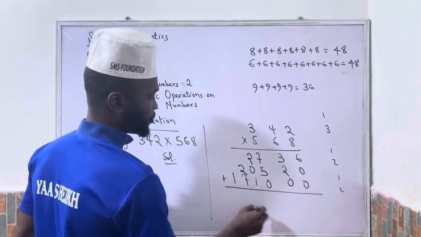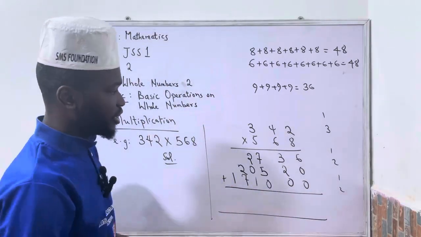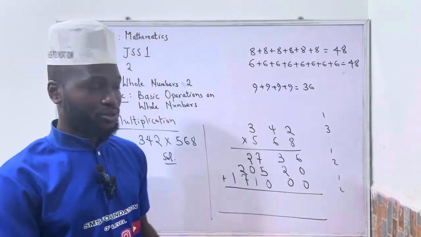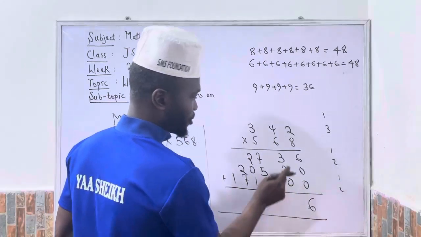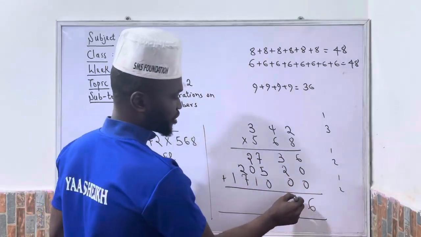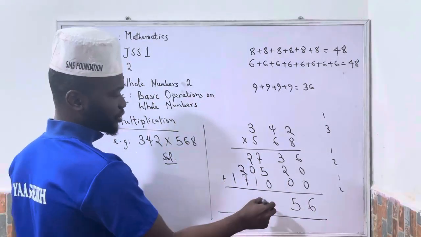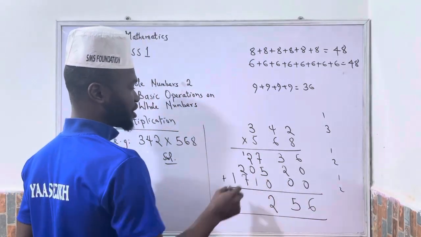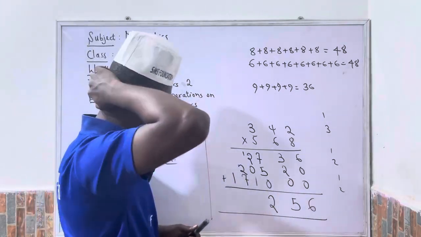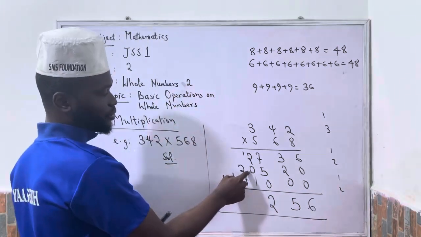Next is addition. So let's do the addition. 6 plus 0 plus 0 will just give me 6. 3 plus 2 plus 0 will give me 5. 7 plus 5, that's 12. 12 plus 0, that's still 12. Put down 2, carry 1. 1 plus 2 will give me 3. Plus 0, 3.